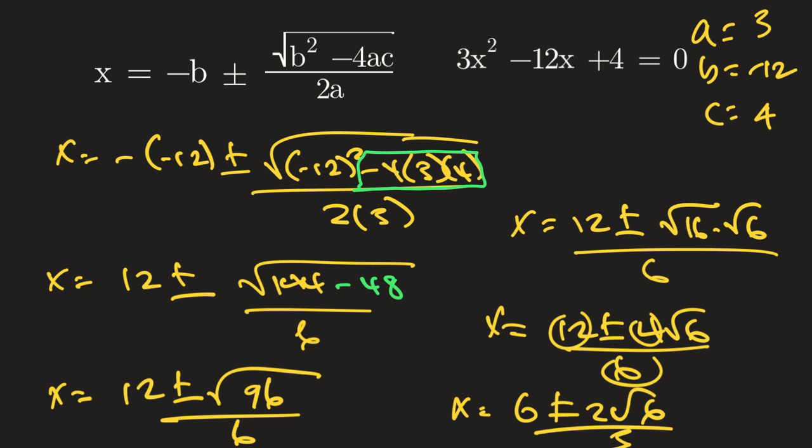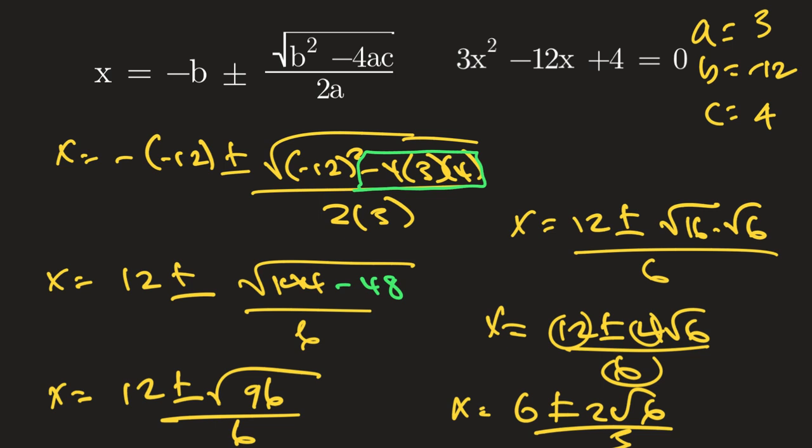And oddly enough, in my opinion, if you don't have a perfect square underneath this radical, it's almost easier. Because this is it. 6 plus 2 root 6 over 3 is one answer. 6 minus 2 root 6 over 3 would be the other answer. I can go figure that out if I need to, but that's the best I can do.